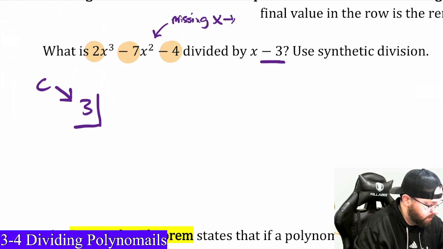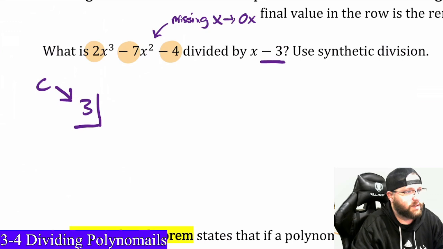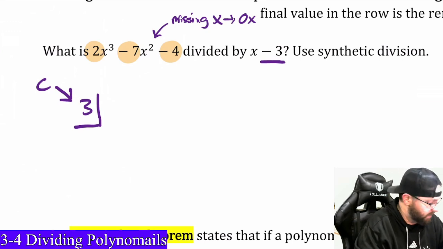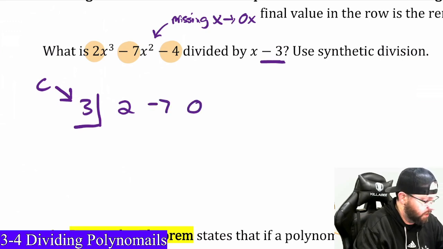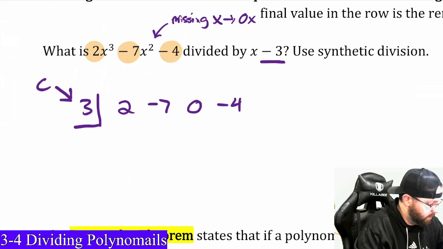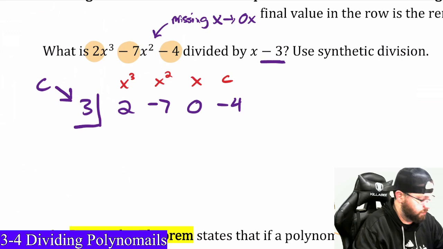That means there's a 0x there, so we're going to put 0 when we get to x. So we're just going to put the coefficients down. That's 2, -7, 0 for the x, and then -4. Remember, this is our x cubed, our x squared, this is our x, and this is our constant.